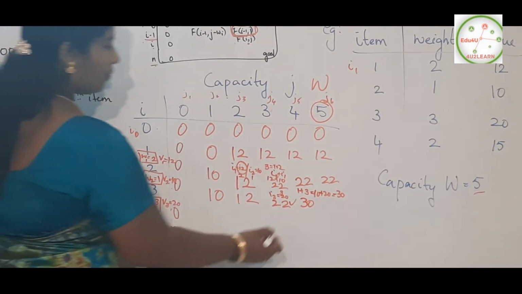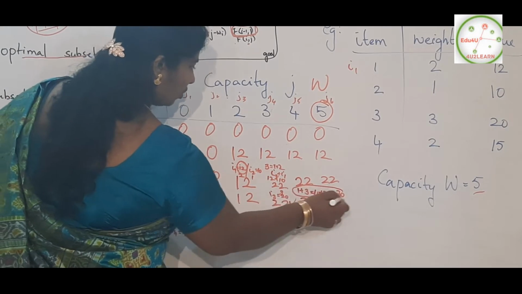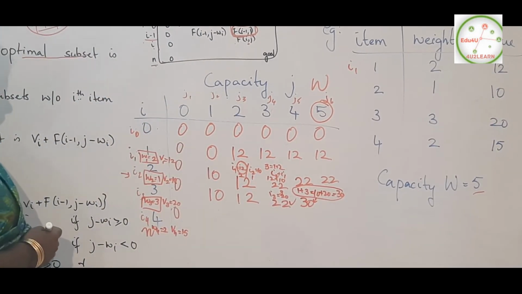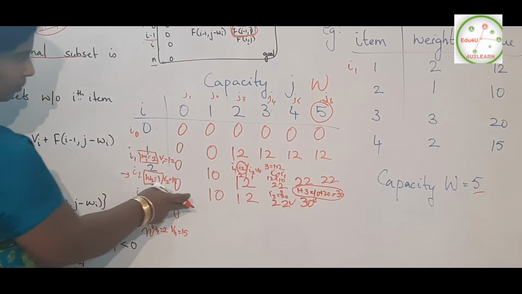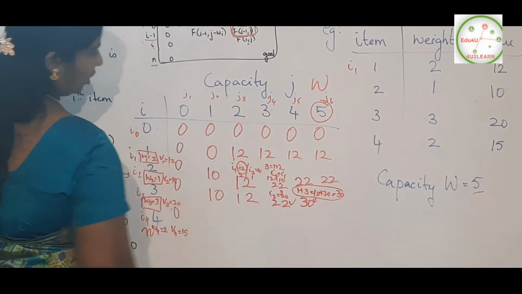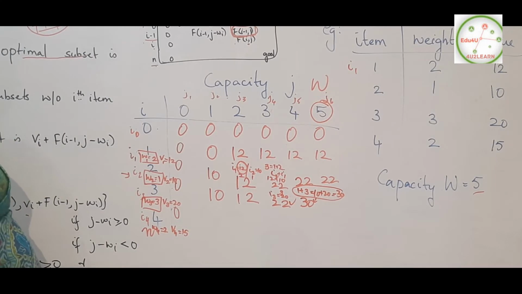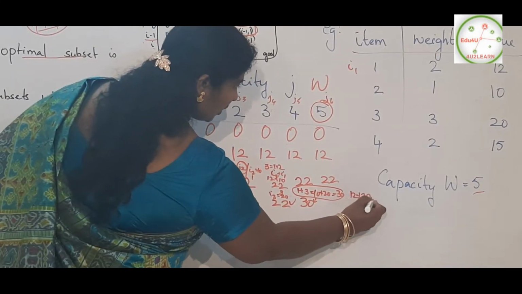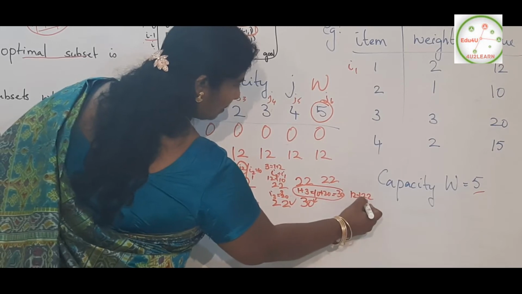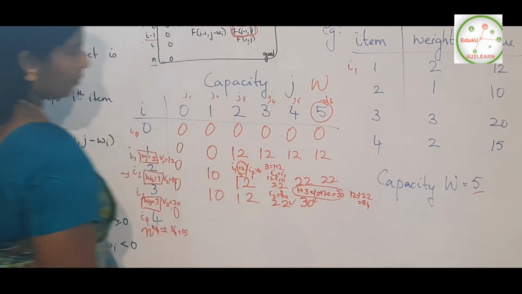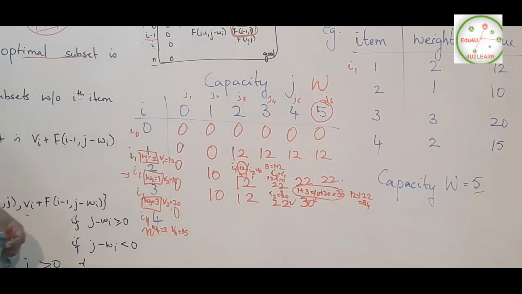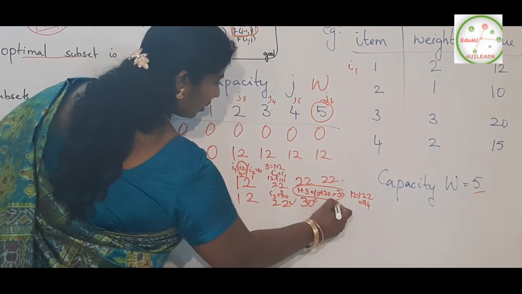So for 5, this is with respect to this one we have found out. With 5 as the capacity, we can have item 2 and 3 together to give us 5. That is 12 plus 22, that could be 34. Now the comparison is 22 or 34. Which is bigger? 34 is the bigger number.